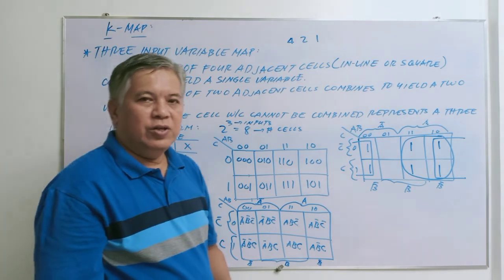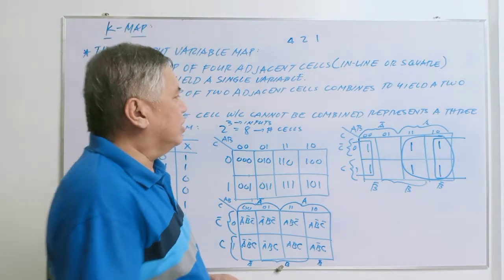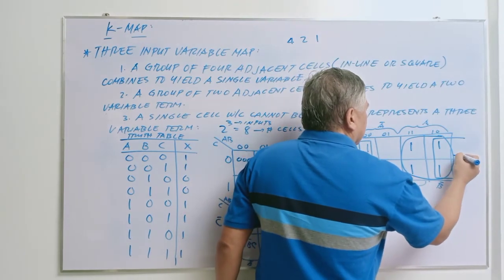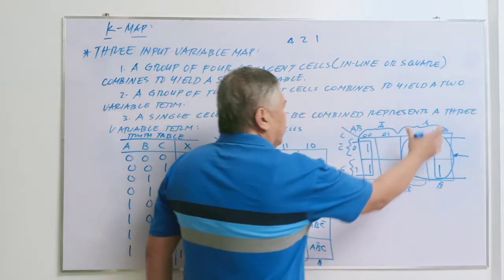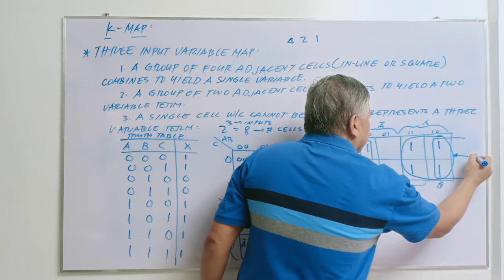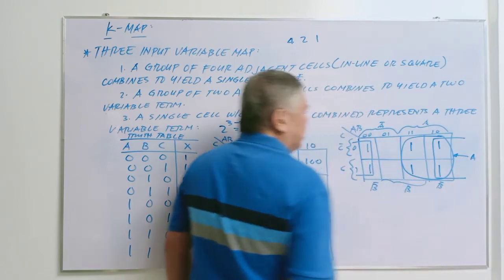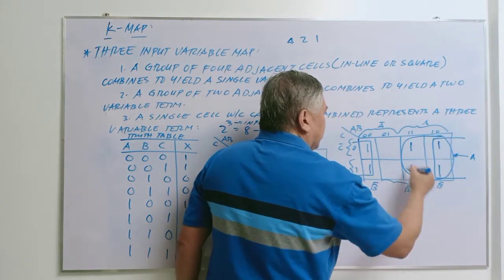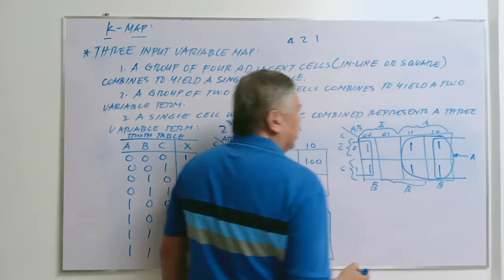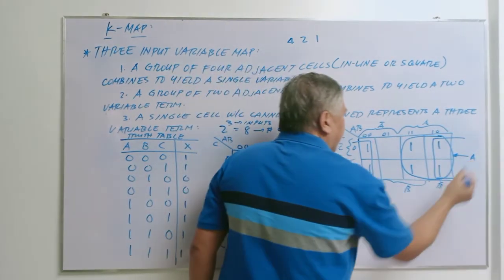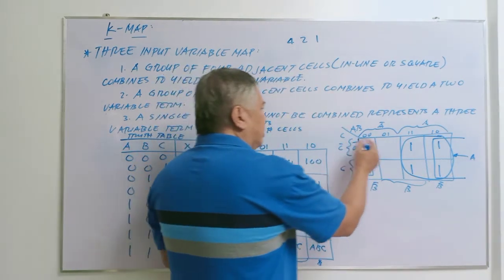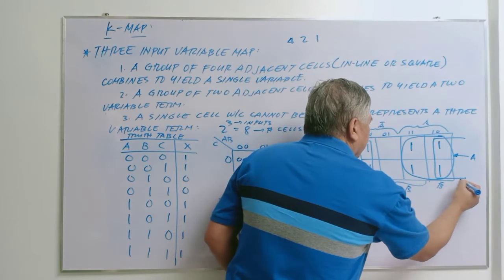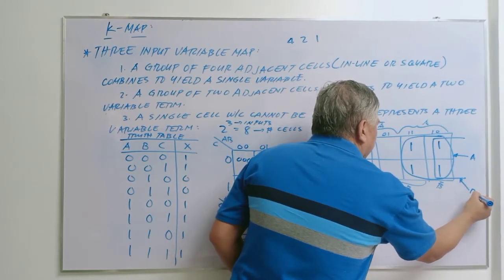Okay? So in this case, what will be our equation? This group of adjacent cells belongs to A. And this other group of 4 belongs to B complement.